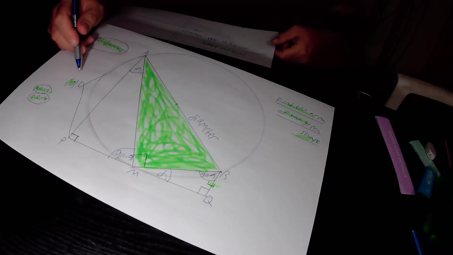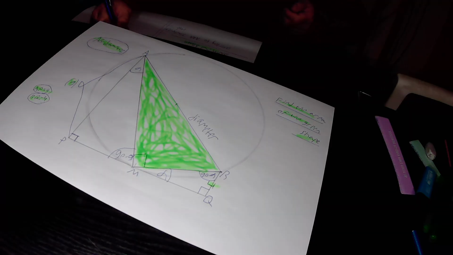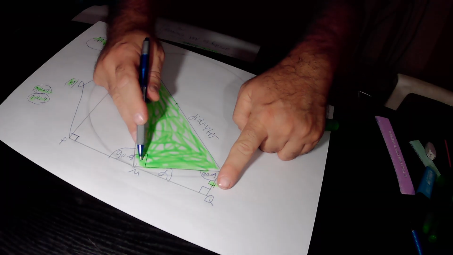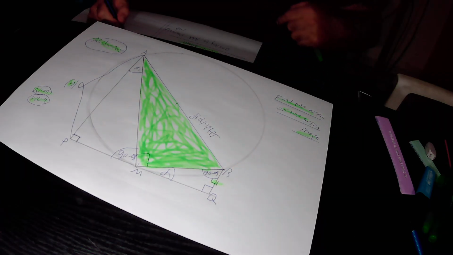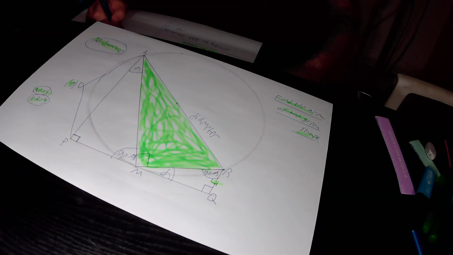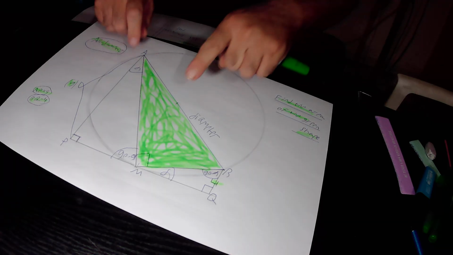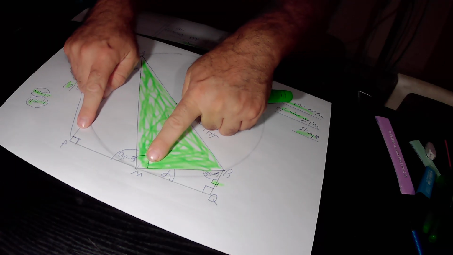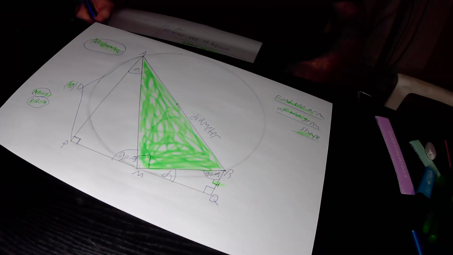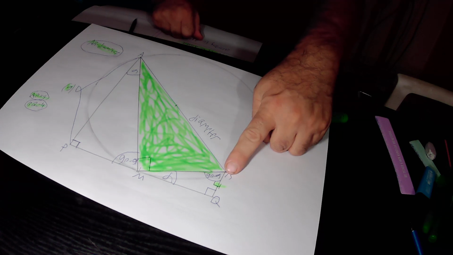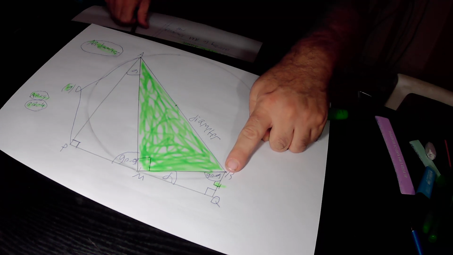AP is 9 over MQ. MQ is the missing side, so leave it as it is. And it is equal to PM. PM is the missing side, so leave it as it is. Over BQ. BQ equals 4 units, according to what is given in the question.